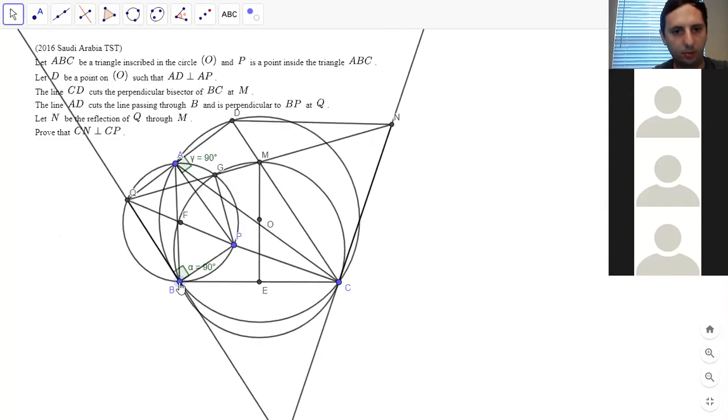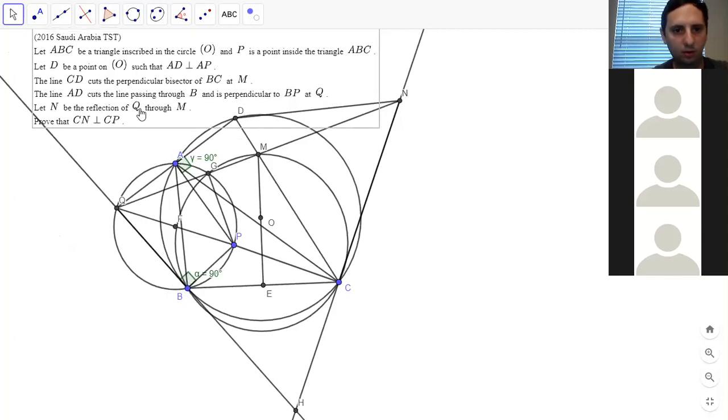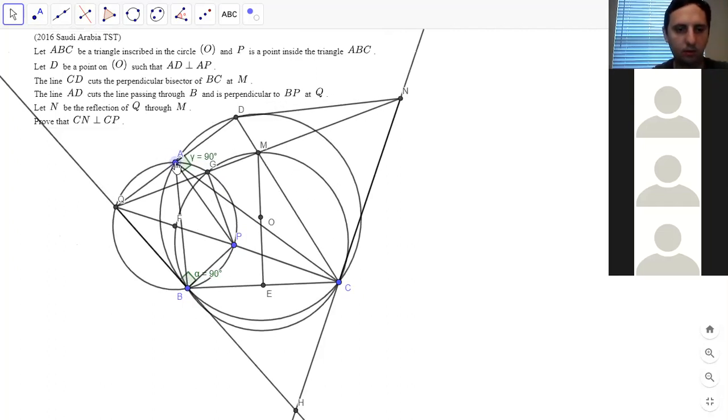Let me see. I still want to see that point H. You can angle trace the GBMC. Is it cyclic? Yes. Okay.